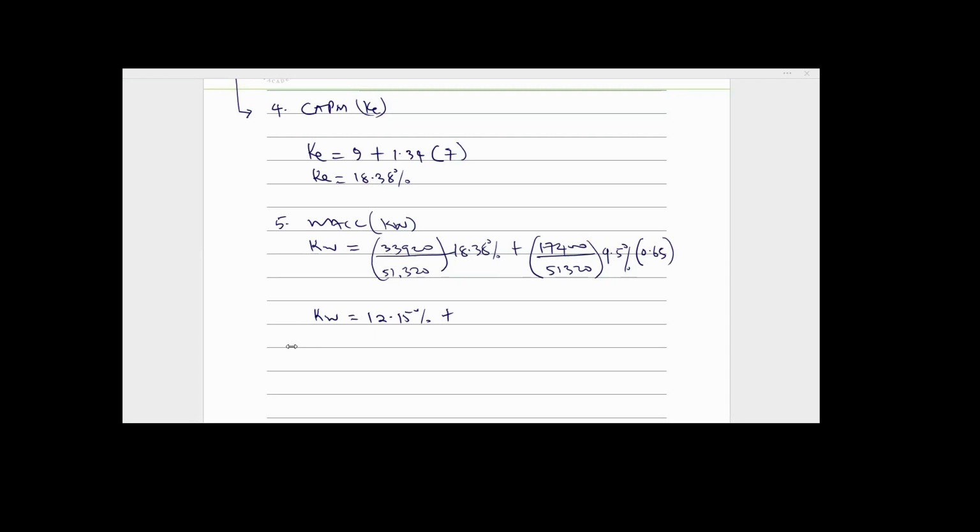Multiply by 0.65 equal 2.09. Here is 2.09%. So add it up. So that will give me 14.24.